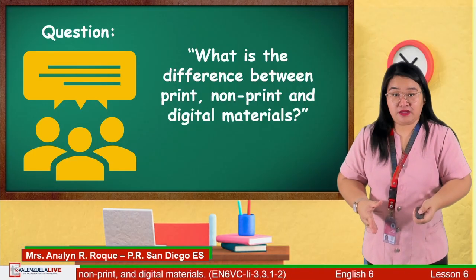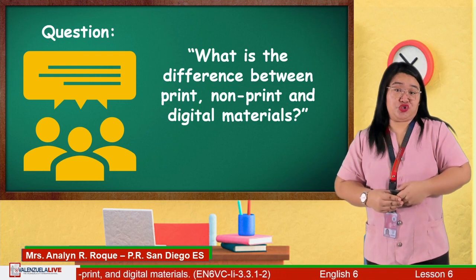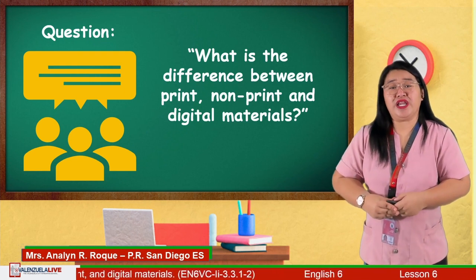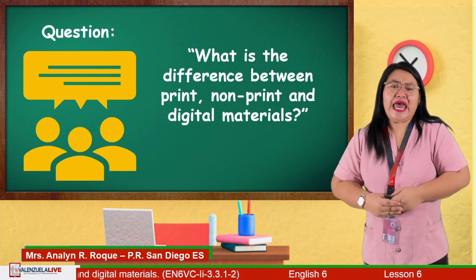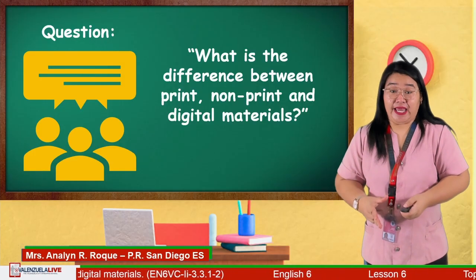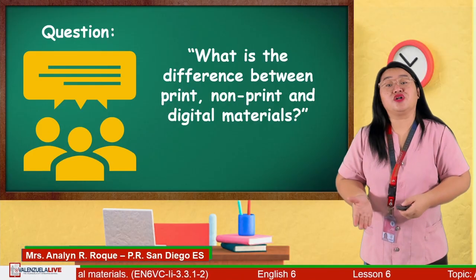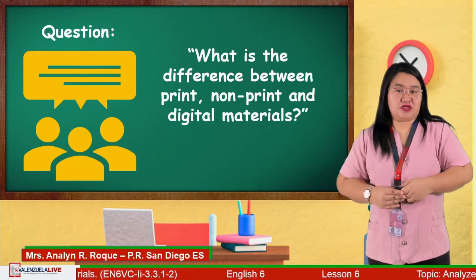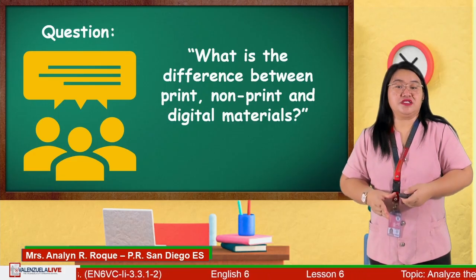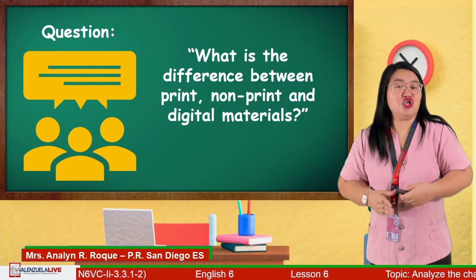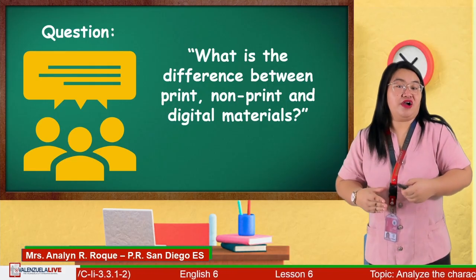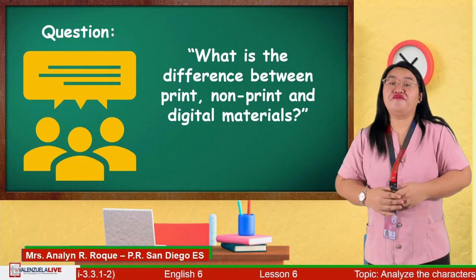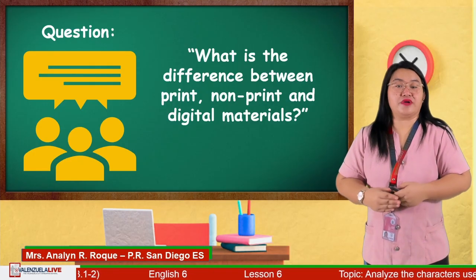While non-print materials or stories are the ones we listen to or watch. It can either be a stage play, soap opera, a concert, poem, and dialogues. While digital materials are the ones made using the computer and are distributed digitally via the internet or soft copies.